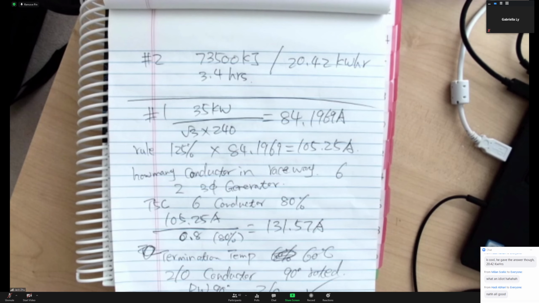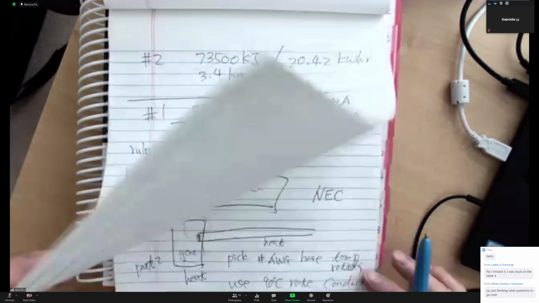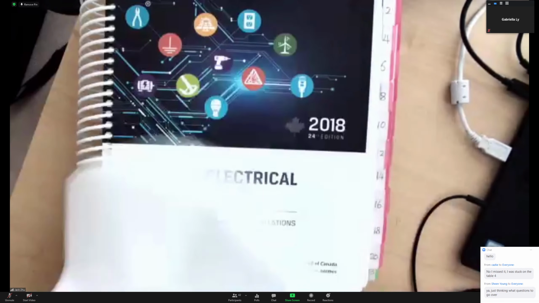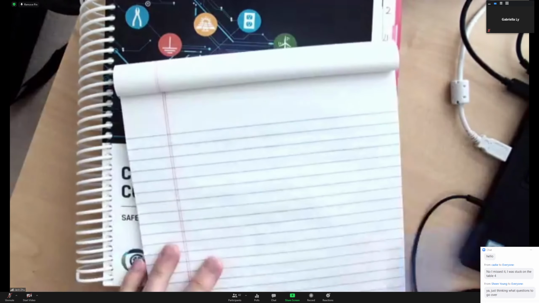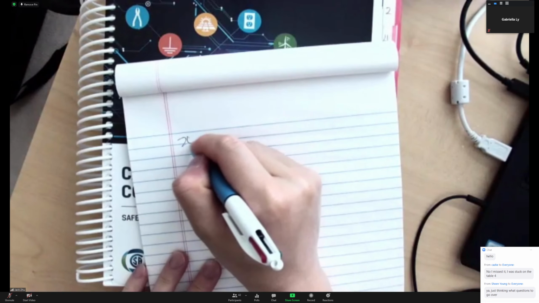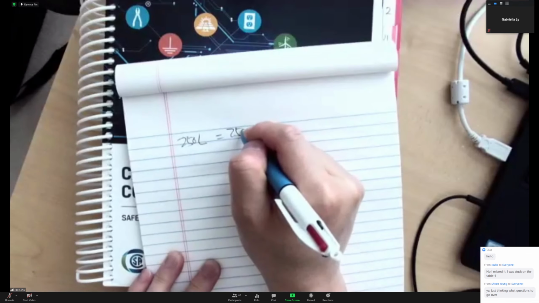Hello, anyone here? $250 equal to 250 kilogram.